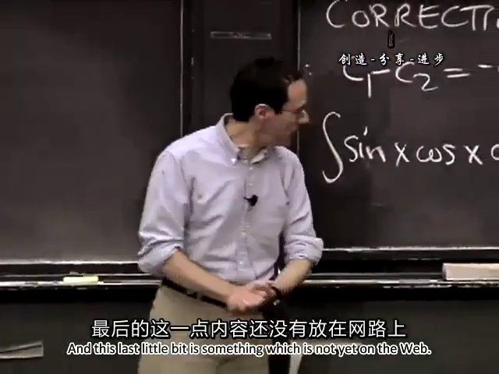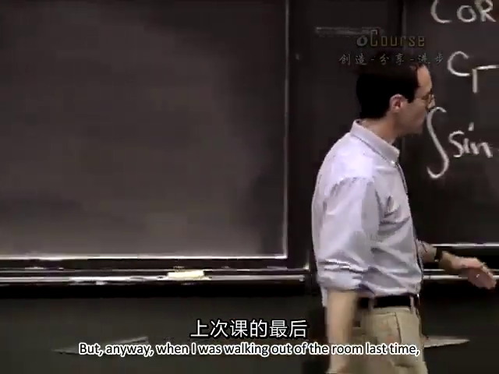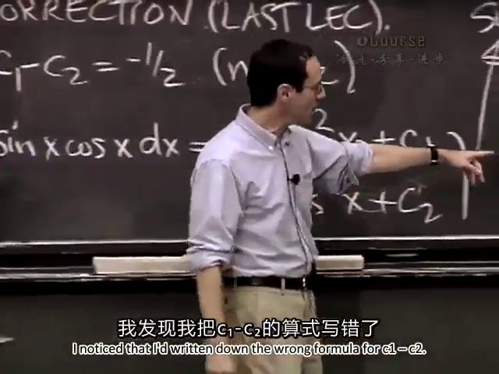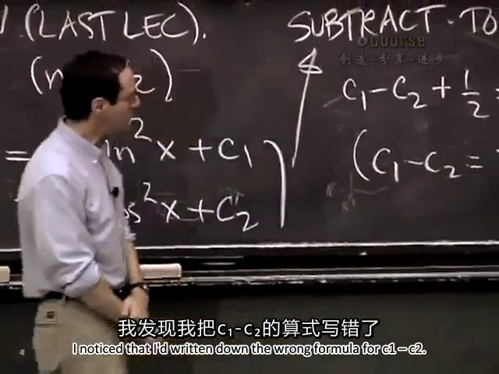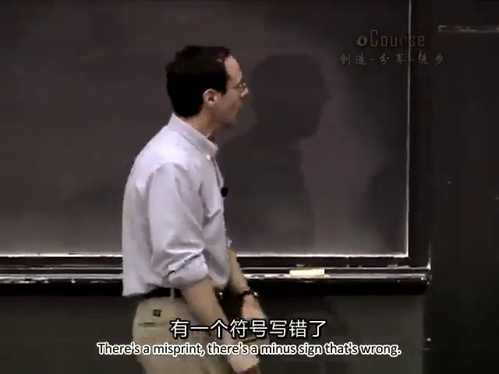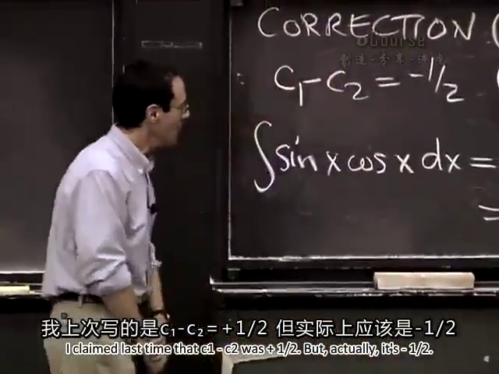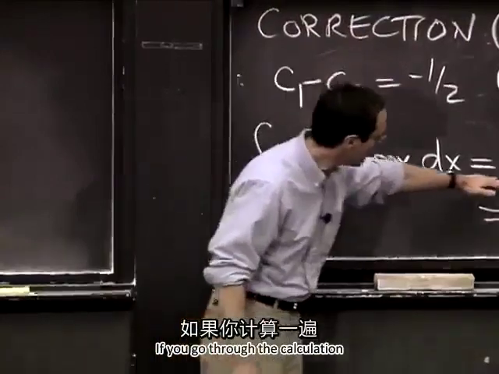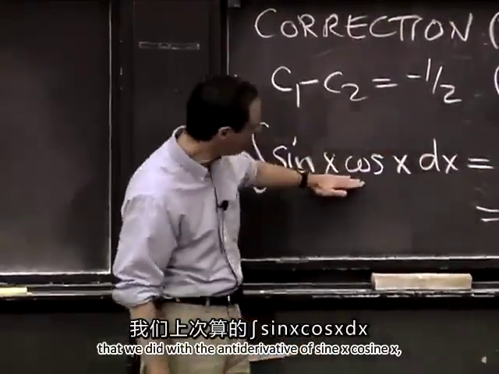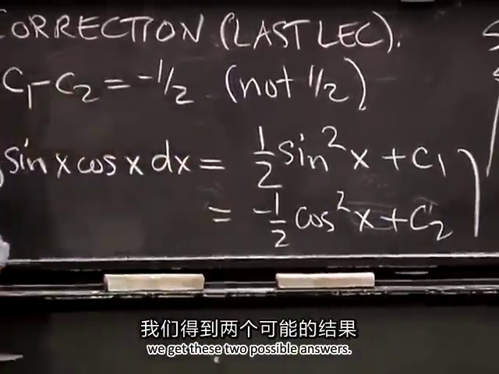And this last little bit is something which is not yet on the web. But anyway, when I was walking out of the room last time, I noticed that I'd written down the wrong formula for C1 minus C2. There's a misprint. There's a minus sign that's wrong. I claimed last time that C1 minus C2 was plus a half, but actually it's minus a half. If you go through the calculation that we did with the antiderivative of sine x cosine x, we get these two possible answers.